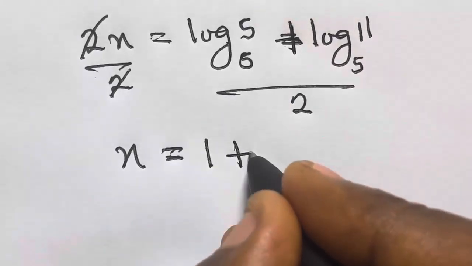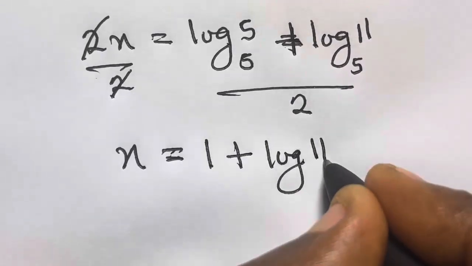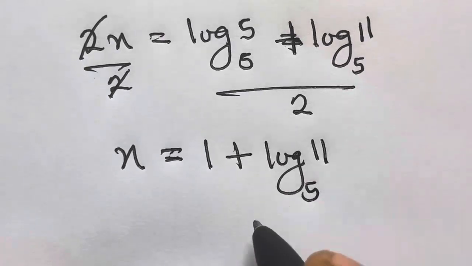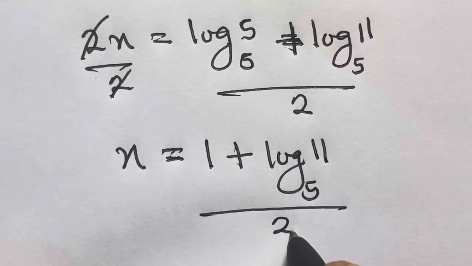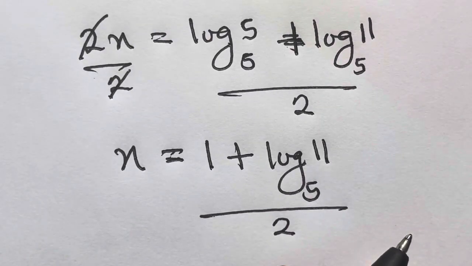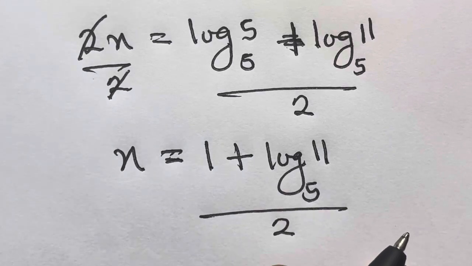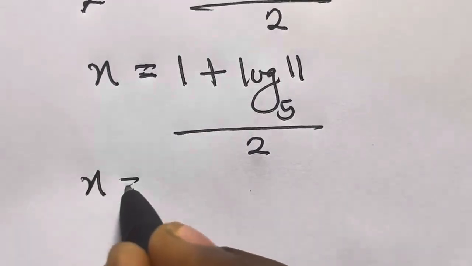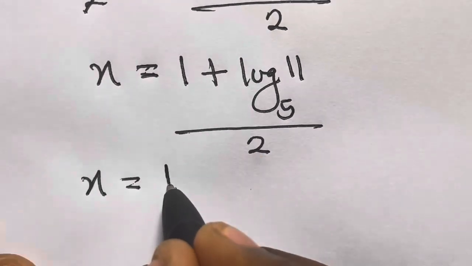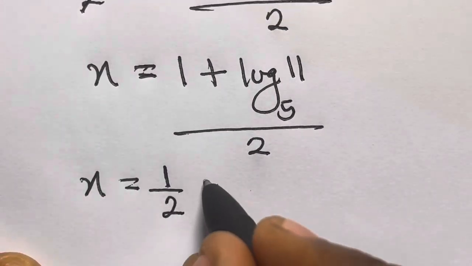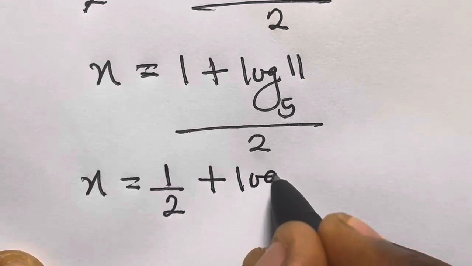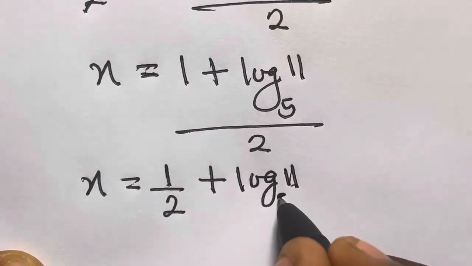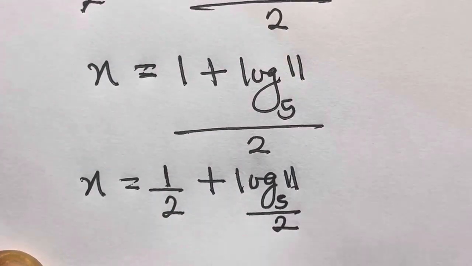So we have plus log 11 in base 5, divided by 2. From here, we will have x equals 1 divided by 2 plus log 11 in base 5 also divided by 2.